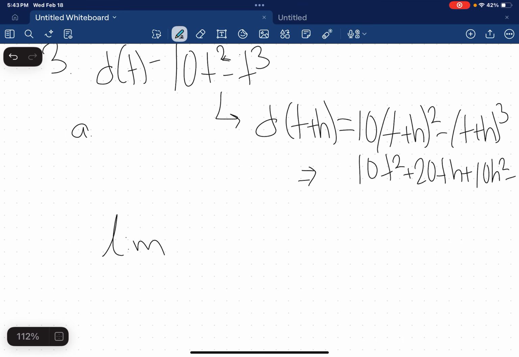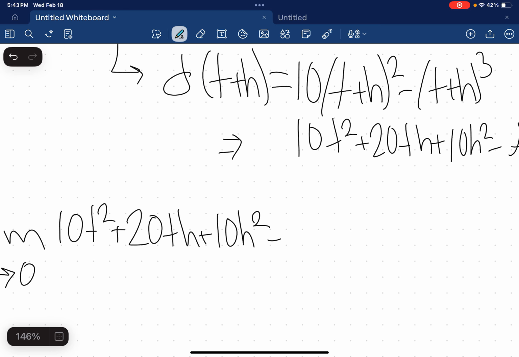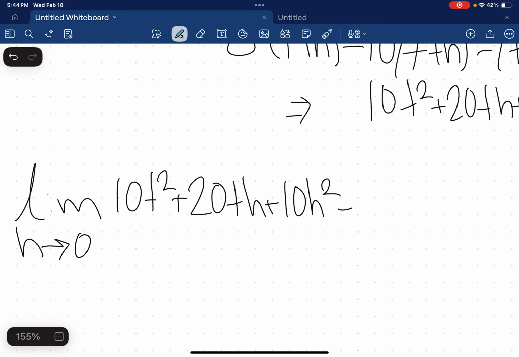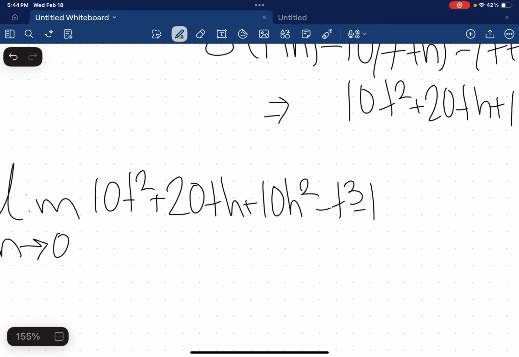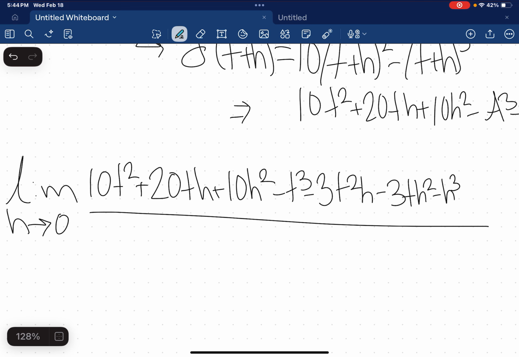So the limit as h approaches 0 of d(t plus h), which was 10t squared plus 20th plus 10h squared, minus t cubed minus 3t squared h minus 3th squared minus h cubed, and this is going to be over h.